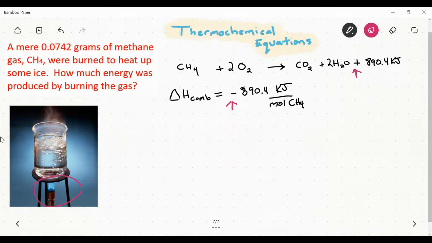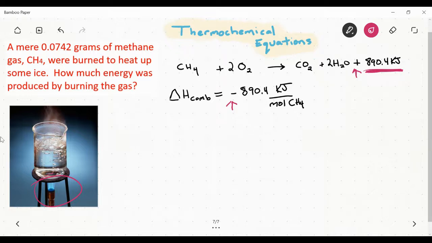And for us, that negative sign tells us that energy is being given away. It's being given off by the combustion of this methane. But we leave it as positive in the thermochemical equation because it shows up on the product side. In other words, we know that it is energy given away because it's being produced. It's on that product side of this equation.